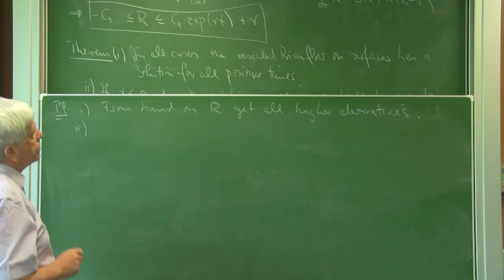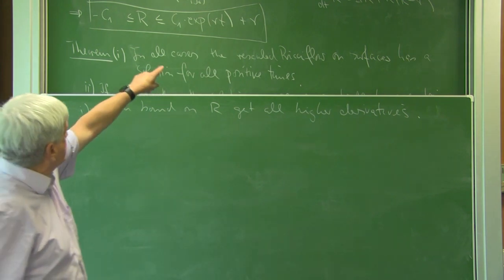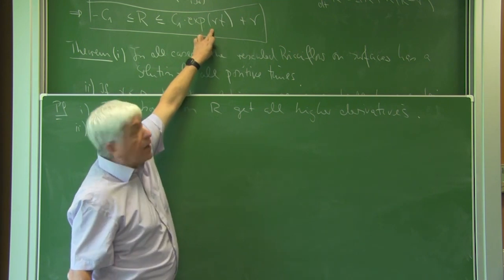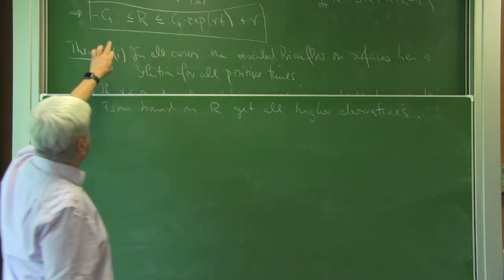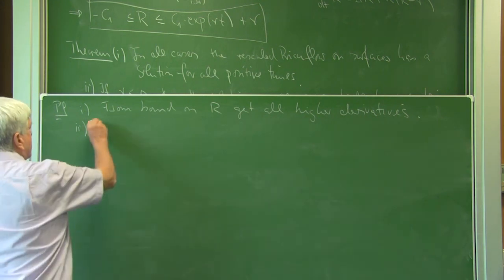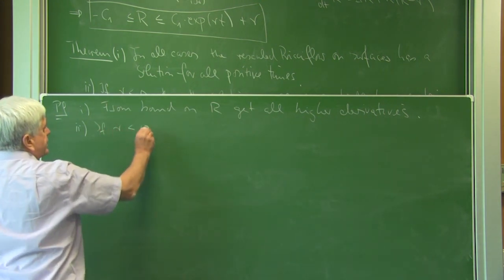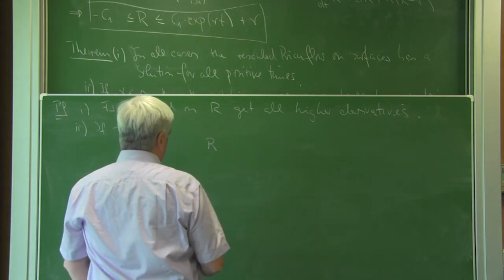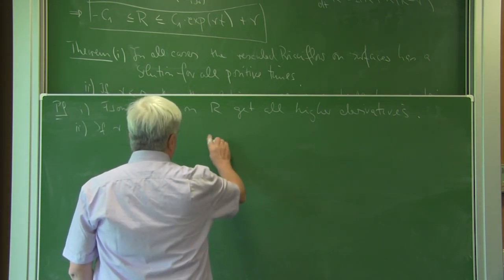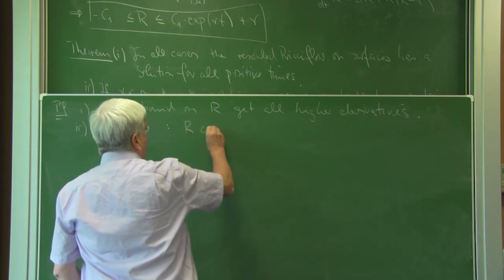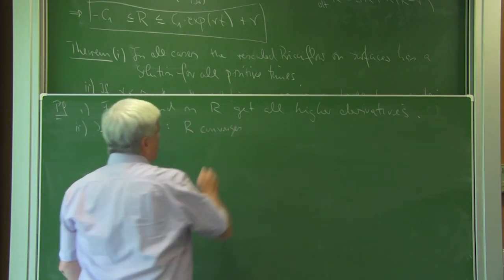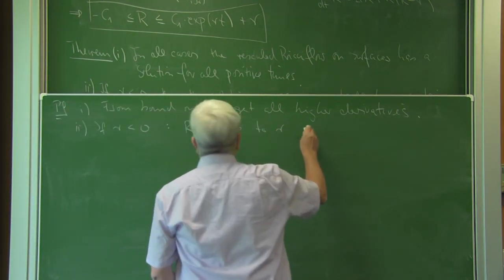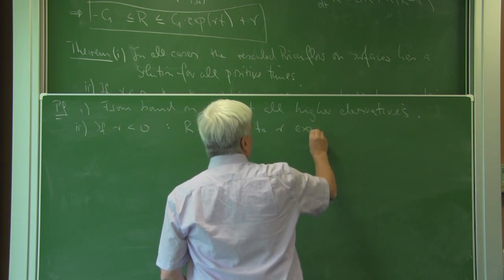For the second thing, you notice that if R is negative, then this term is decaying fast, exponentially. And similarly, you can show that if R is less than 0, you get, in fact, from the evolution equation of R, that R converges also from below exponentially to little r.